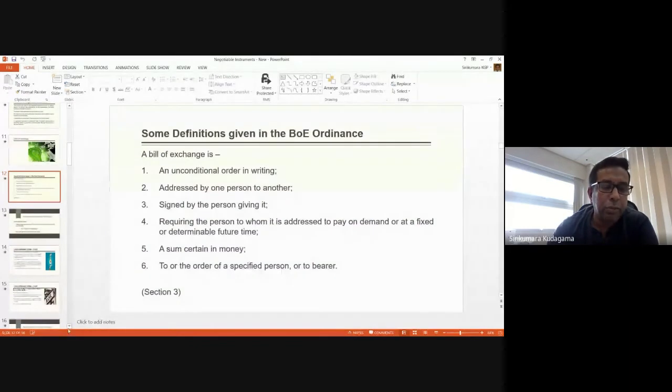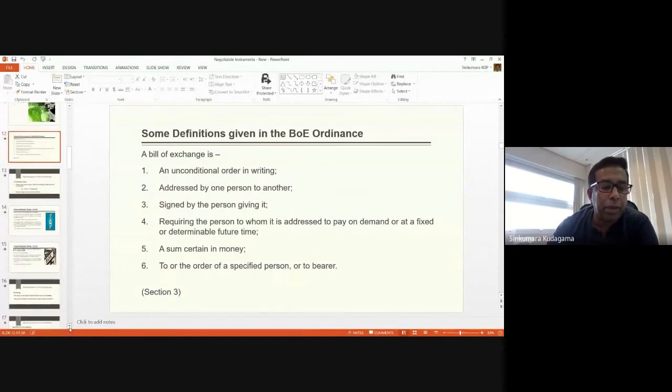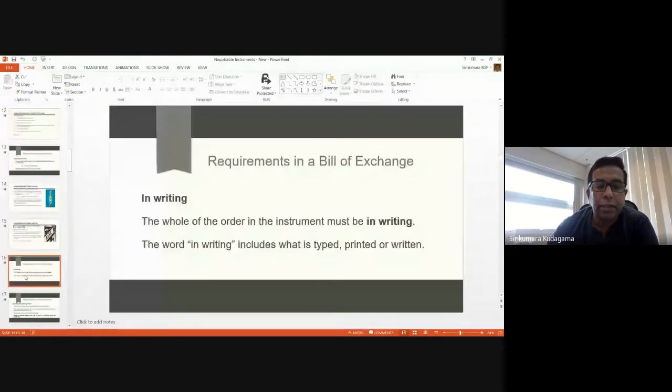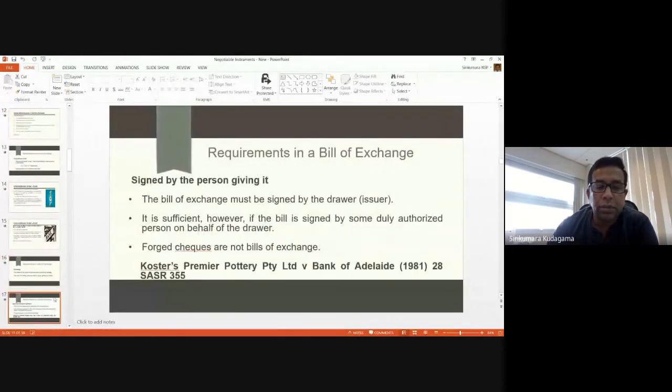Having said that, we'll move on to the next requirement: signed by the person giving it. The bill of exchange must be signed by the drawer. The person who issues it has to sign. It is sufficient, however, if the bill is signed by some duly authorized person on behalf of the drawer. That is the classic law relating to bills of exchange.